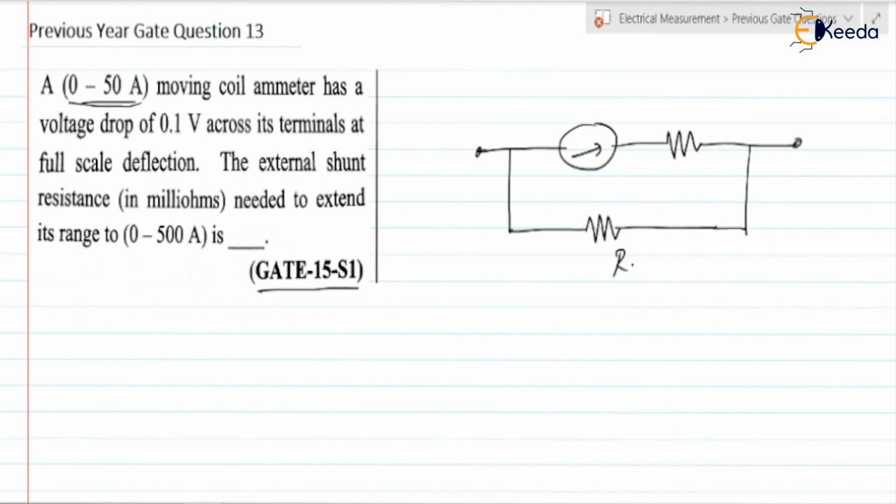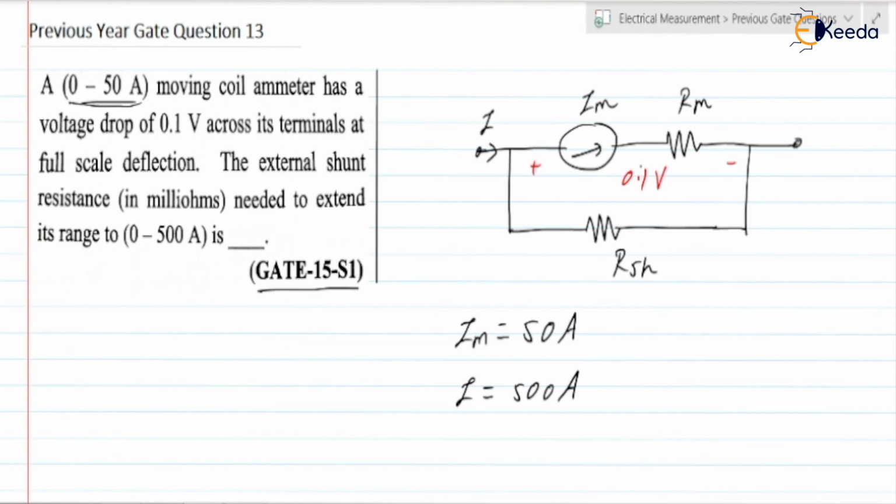Suppose this is the RSH, Rm this is, and here it is Im, this current is I. From the given data, Im is equal to 50 ampere and I is equal to 500 ampere. Next, voltage across the basic meter is 0.1 volt. So voltage across these two terminals is 0.1 volt.